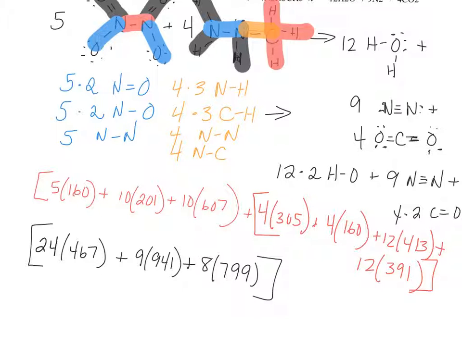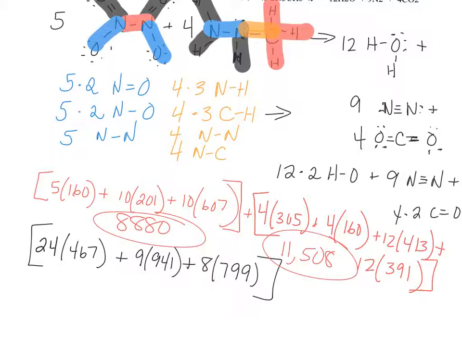So when we do the math on all of this, I get 8,880 for this first set of brackets. And then over here, for the second set of brackets, I get 11,508.